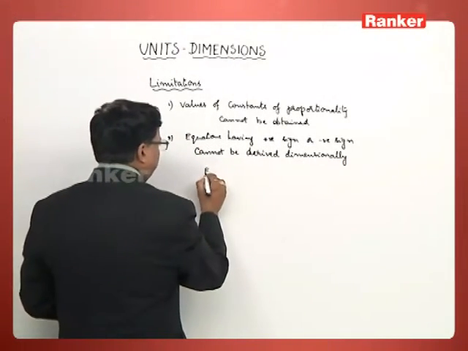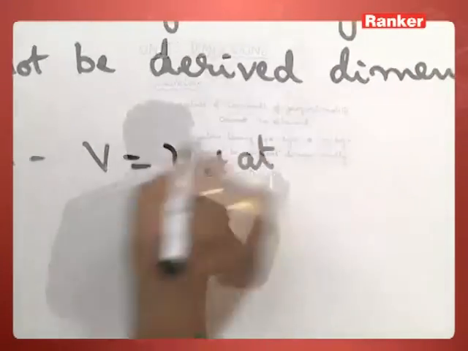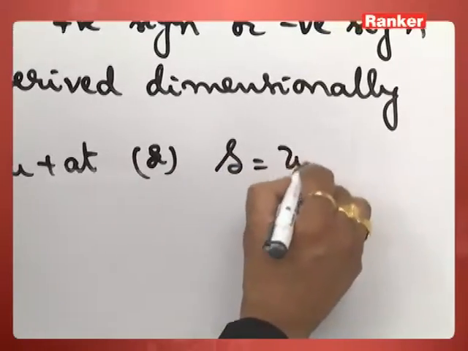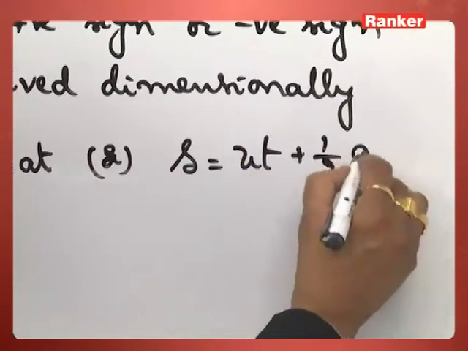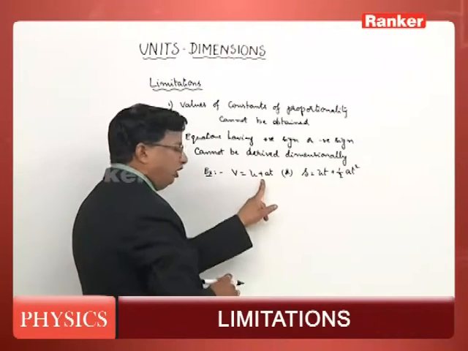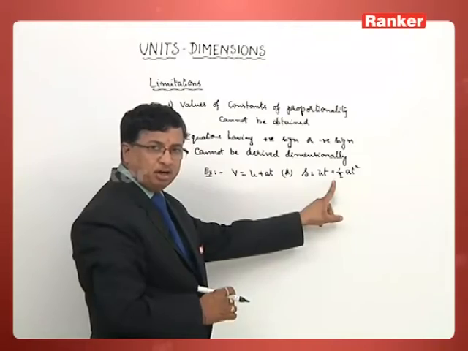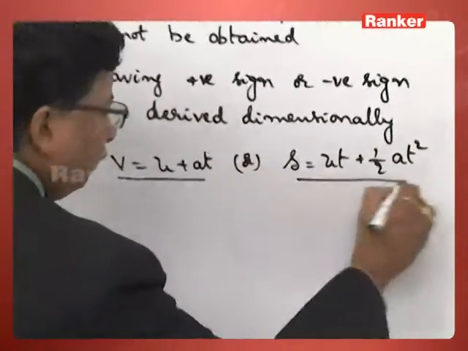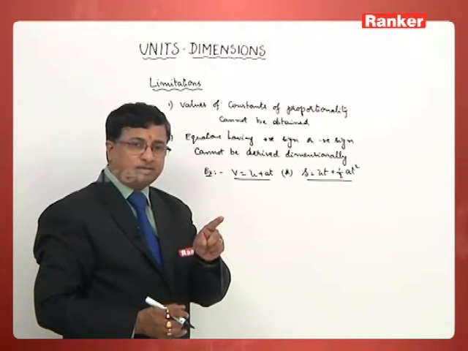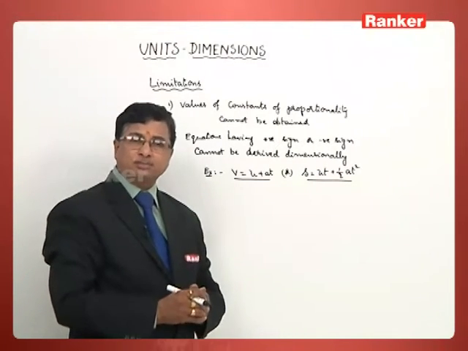For example, if I consider V is equal to U plus AT, or you can even take the other equation like S is equal to UT plus half AT square. If you look at this equation, there is an addition sign here. There is another addition sign over here. So such equations can be verified using dimensional analysis, but cannot be derived using dimensional analysis.